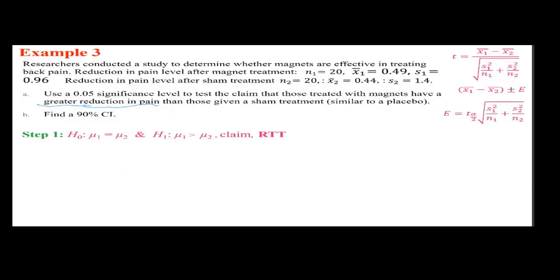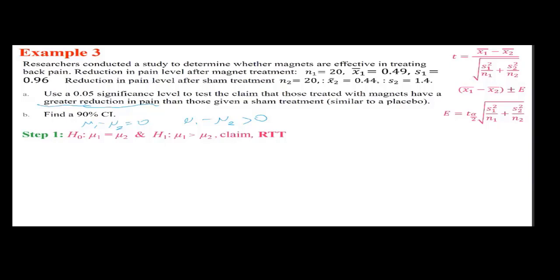I want to mention again that if you wrote mu1 minus mu2 is 0 and then mu1 minus mu2 is larger than 0, it has the same meaning. The only thing is you want to be consistent. Either use mu1 equals mu2 along with mu1 larger than mu2, or the other one. Either one is fine as long as you're consistent.